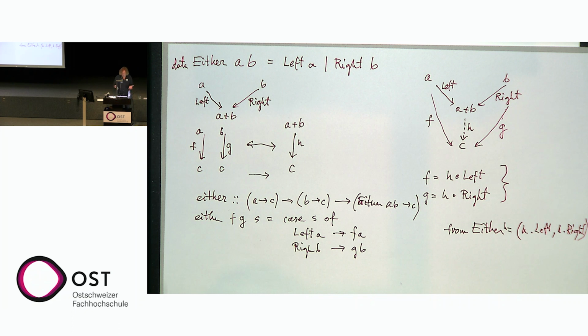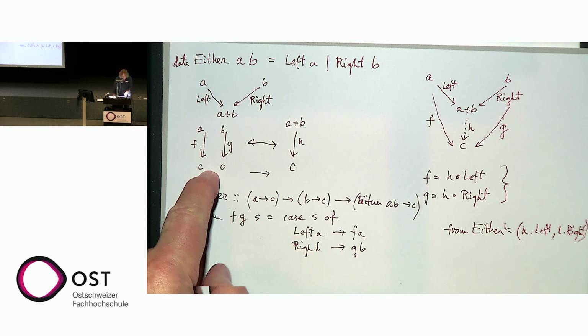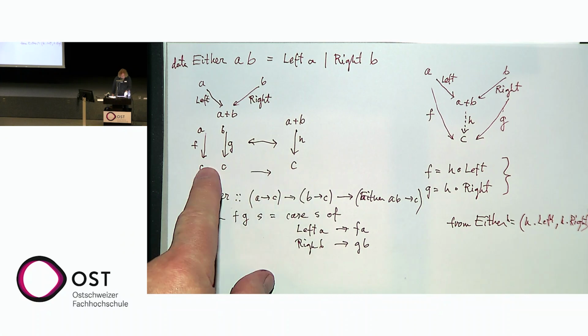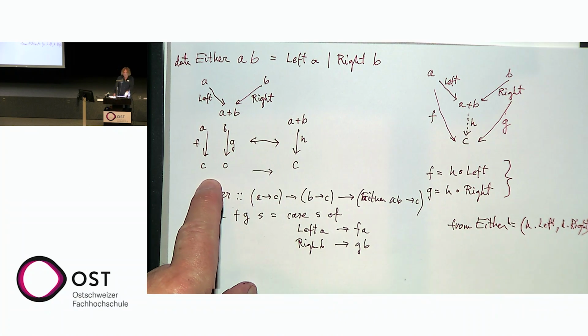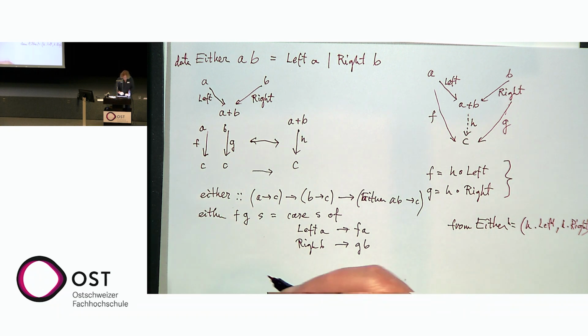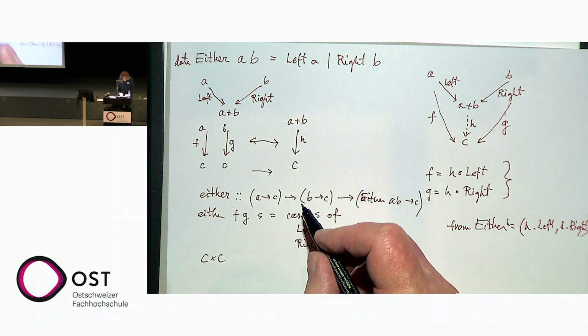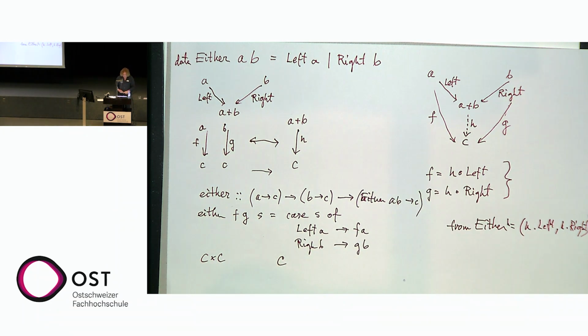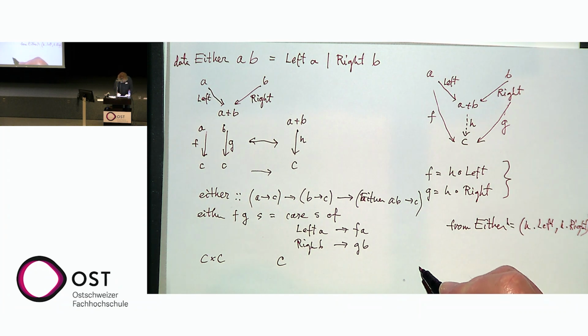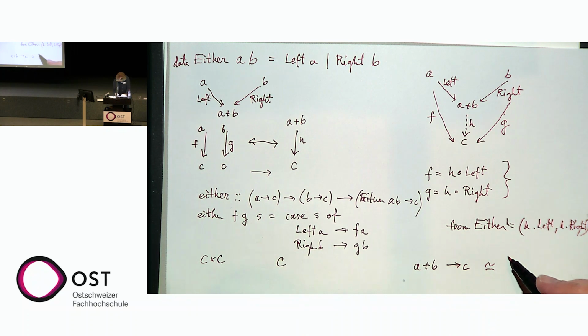So again, we have a pair of functions here. It's equivalent to a function here, or pair of arrows. This pair of arrows, hey, we recognize this is actually a single arrow in the product category, right? So this is like C cross C, and this is C, and this is a pair of arrows here. So we have A plus B going to C. That's in category C, and this is equivalent to what?